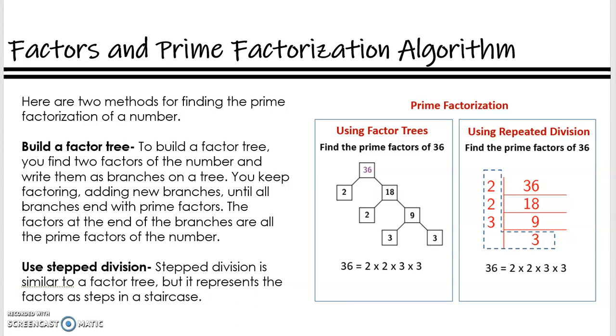And those numbers on the outside are your prime factorization. The way that you know your prime factorization with a factor tree is remember that you stop once everything is a prime number, and those are your numbers for your prime factorization. So either way, you end up with the same answer.